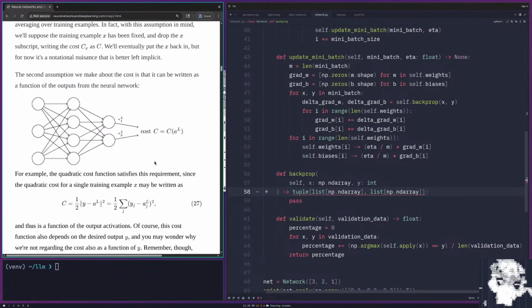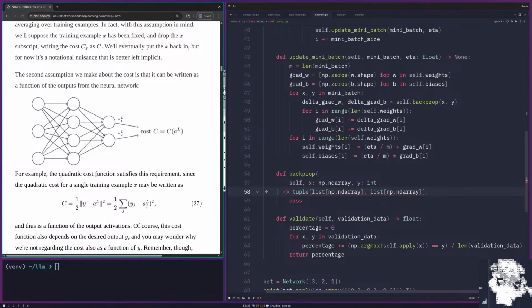The second assumption we make about the cost is that it can be written as a function of the outputs from the neural network. So the cost is a function of the output activation.